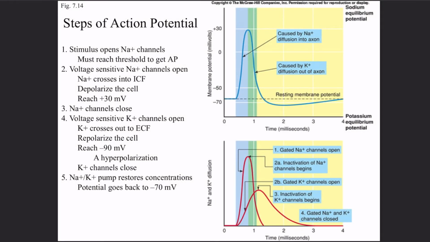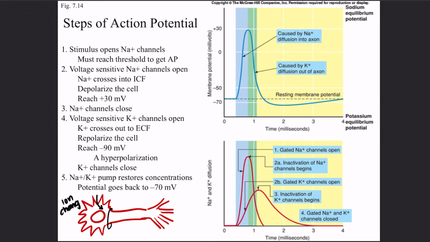In the steps of an action potential, we can think about this at the neuron. I'm going to draw a neuron here. We have an action potential coming down our dendrites and then down our axon. What's going to happen is there are going to be ion changes that occur within the cell, which is going to change that millivoltage.